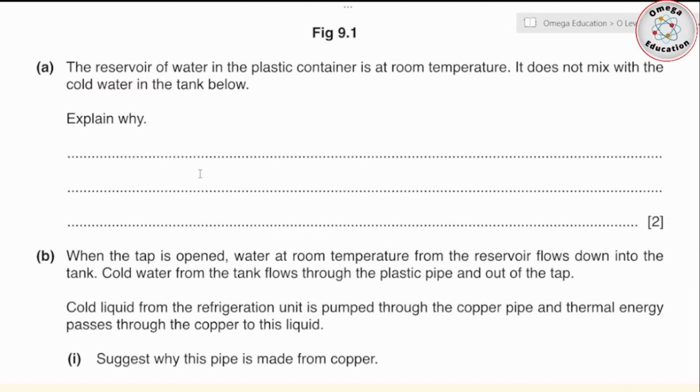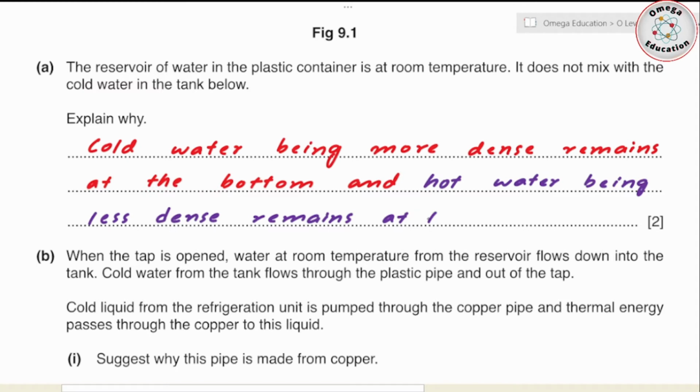The colder water is more dense, it would stay at the bottom. The colder water remains at the bottom, and hot water is less dense, it remains at the top. Now practically it does not mean that no cold water molecules would move up or no hot water molecules would travel down to the bottom.